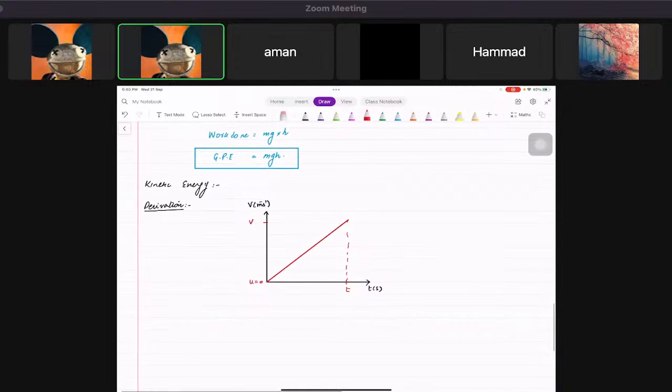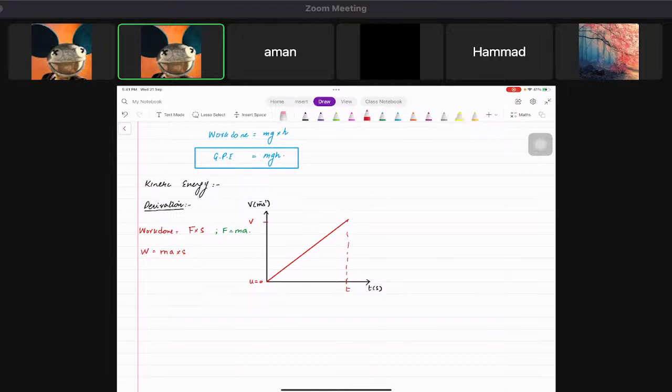So first of all, we know that work done is force times displacement, and we also know that force is equal to ma. So what we can do is we can write work equals ma times s.